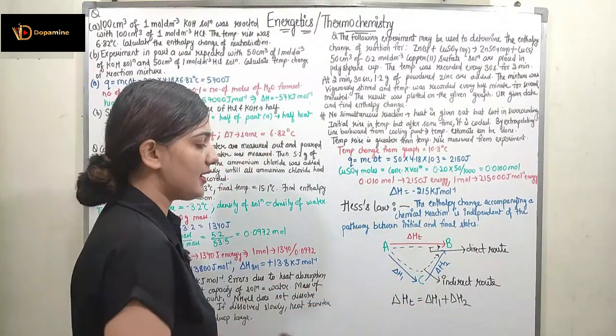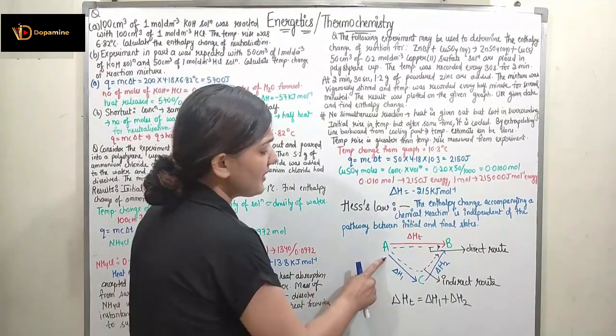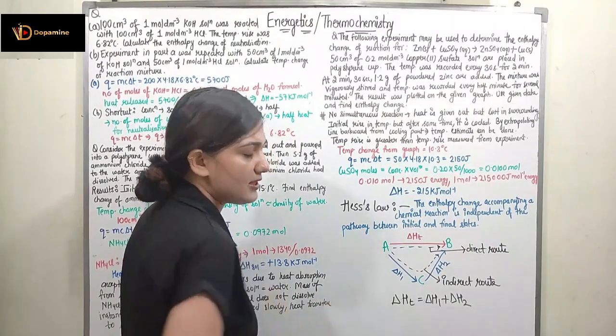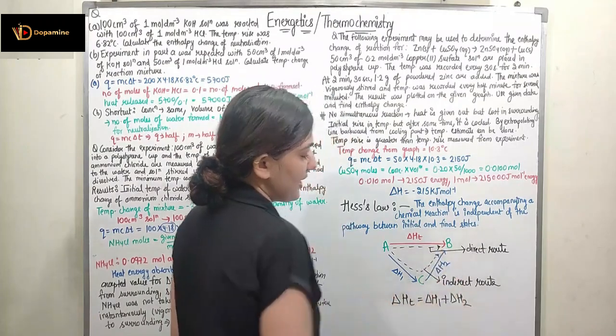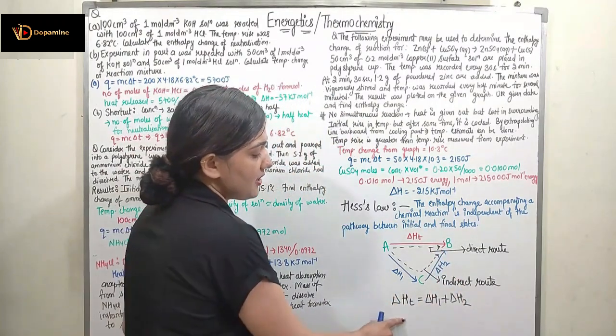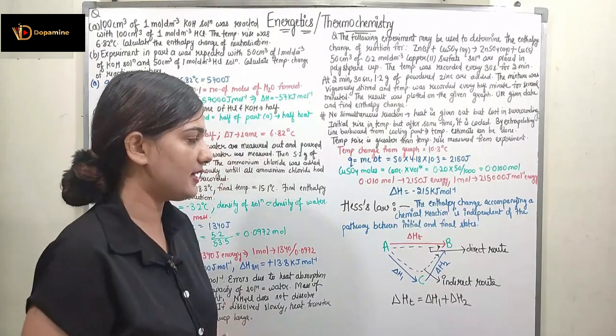We can take any other state C, find the enthalpy change from A to C, that is delta H1, and find the enthalpy change from C to B, that is delta H2. So delta HT will be equal to delta H1 plus delta H2.